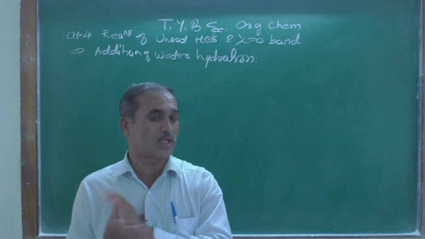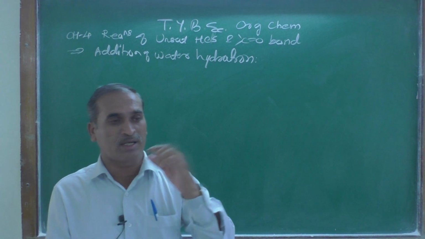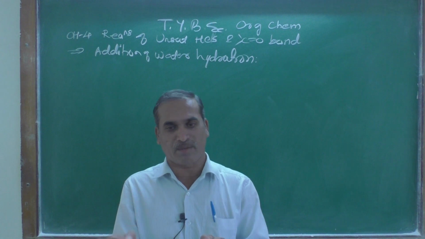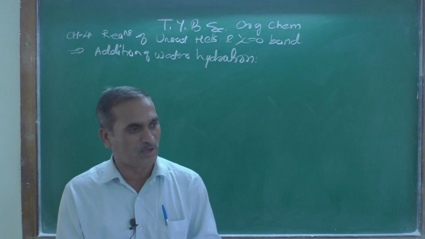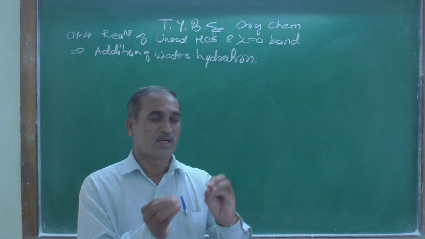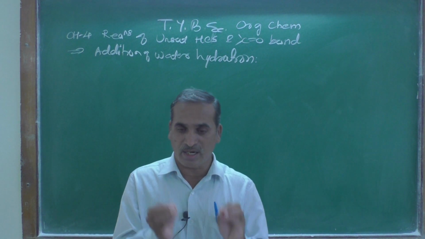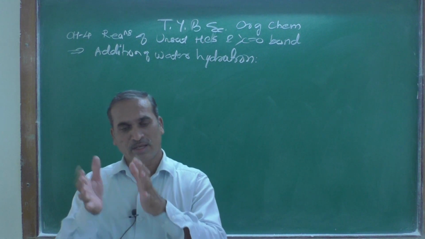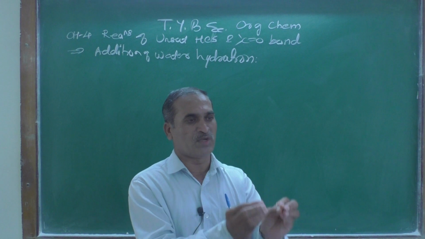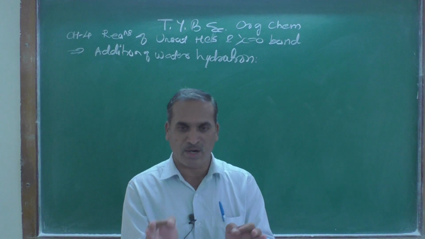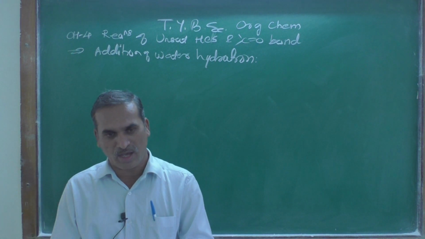Theoretically, an organic compound containing a carbon-carbon double bond or multiple bond, maybe a triple bond, is called an unsaturated hydrocarbon. And hydrocarbon means an organic compound made by carbon and hydrogen.